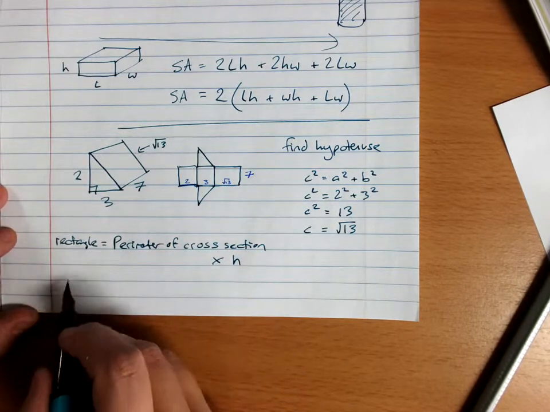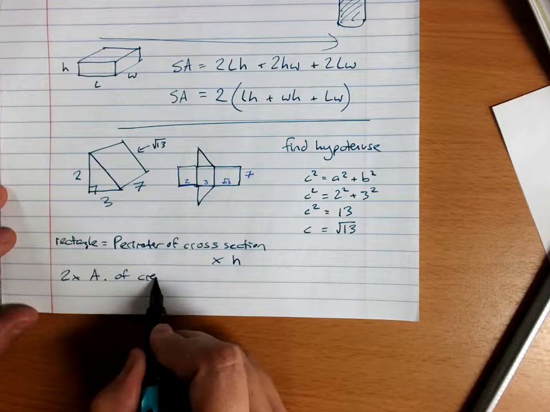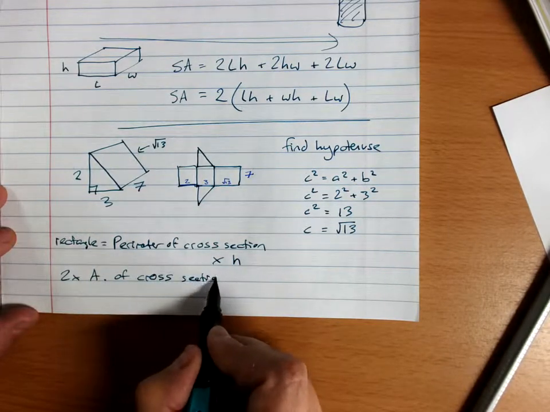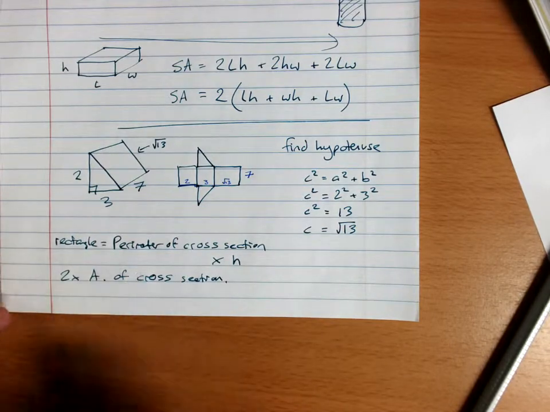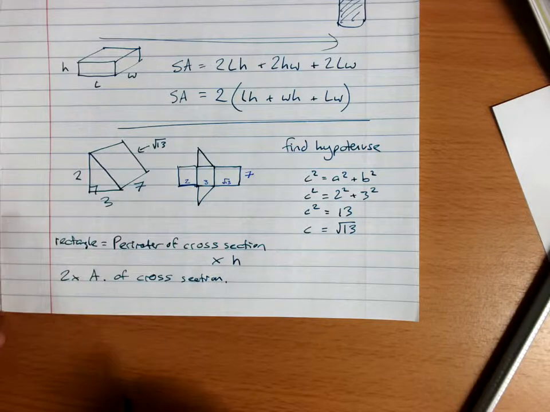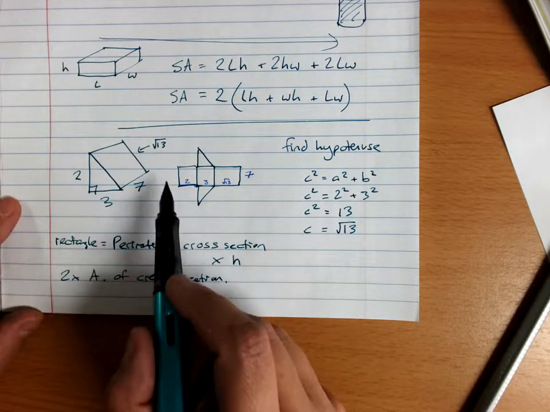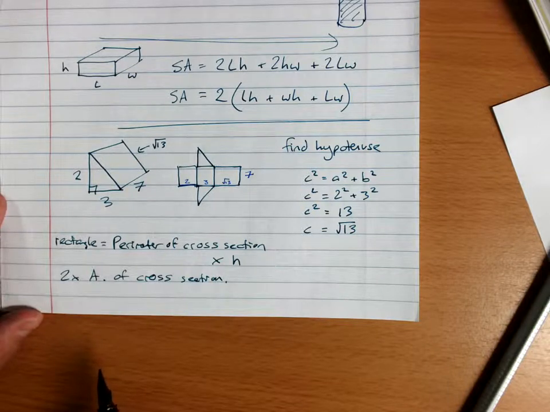Then, of course, you have 2 times the area of the cross-section, and the total of those two is the surface area. So I would find 2 times the area of the triangle, find the area of that wraparound rectangle, and add them together. Do you want the working for that?